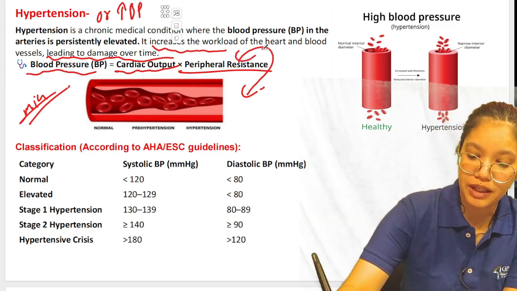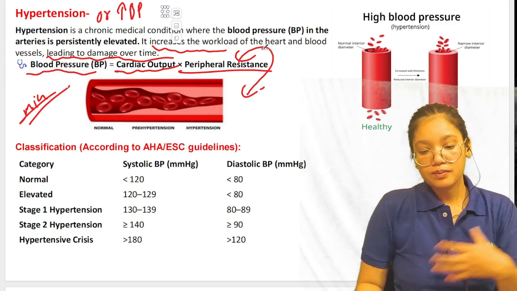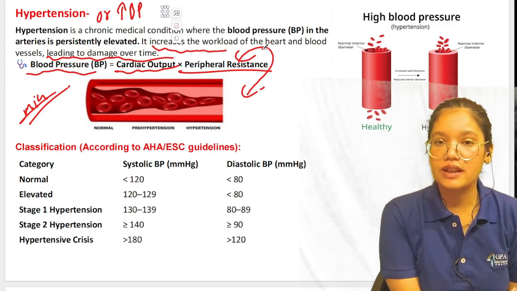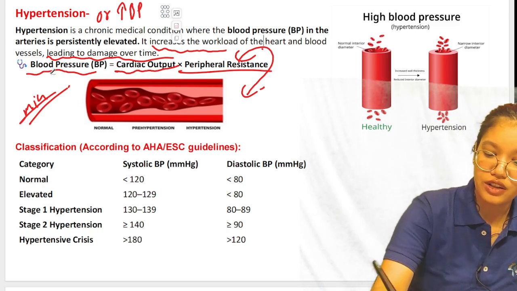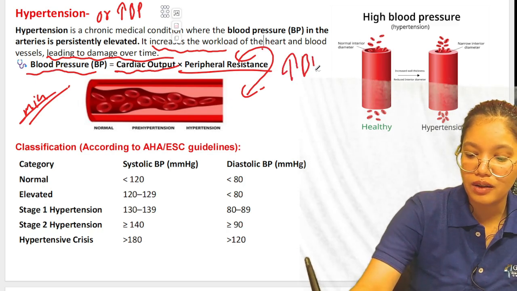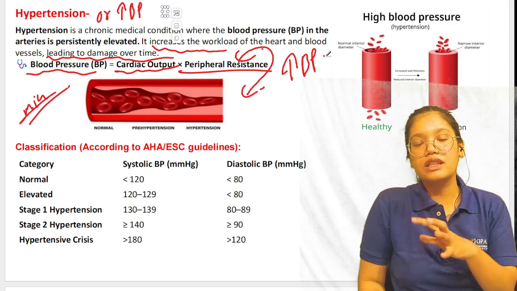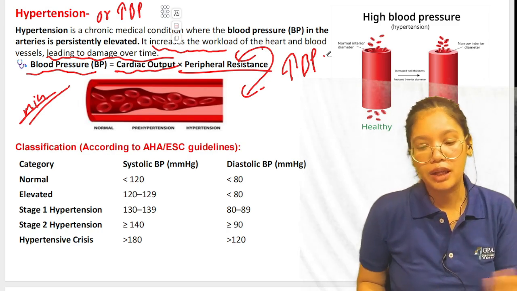Whenever there is an increase in the cardiac output or the peripheral resistance, it can lead to an increase in the blood pressure. So these are directly proportional to the blood pressure.